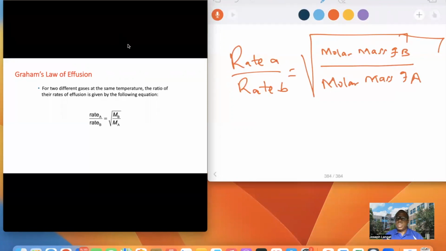What I want to show you here is that there are four quantities: 1, 2, 3, 4. If you know three, you can calculate the fourth one. You can be asked what is the ratio of their rates of effusion.